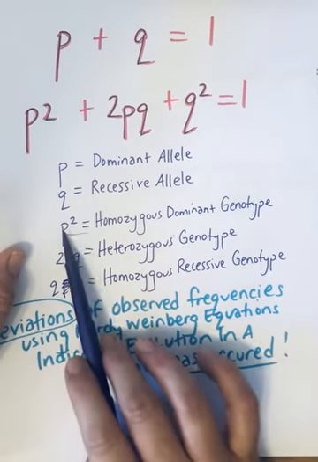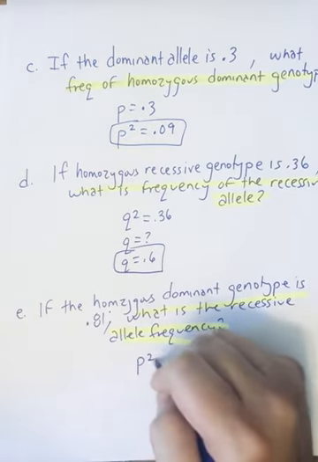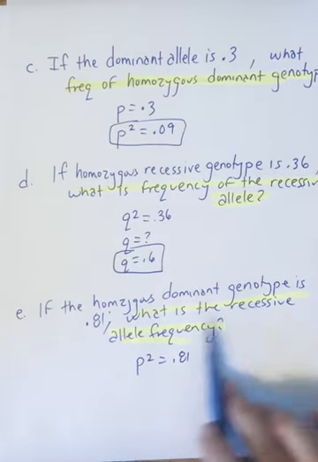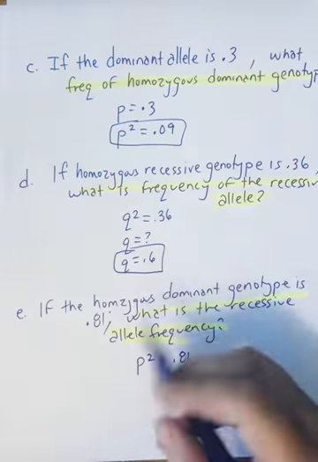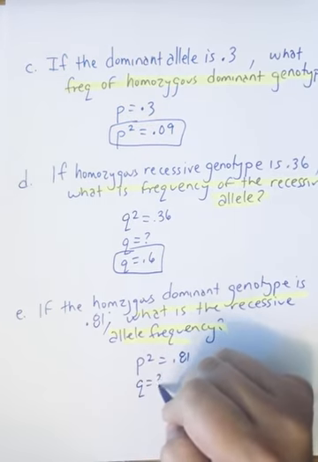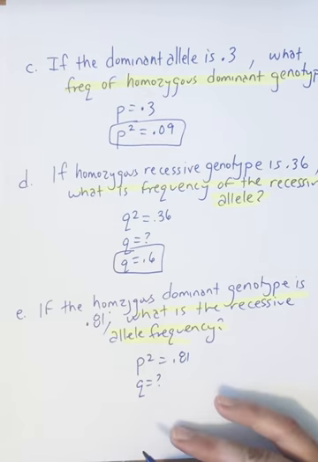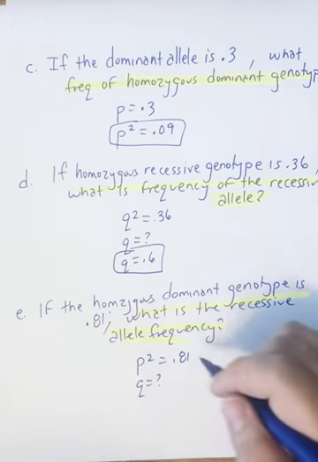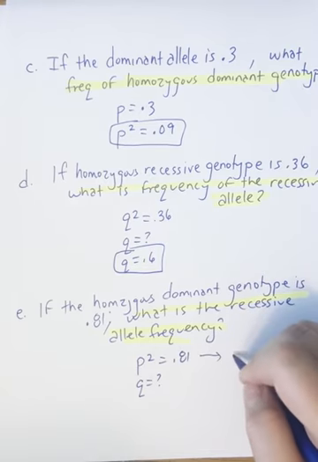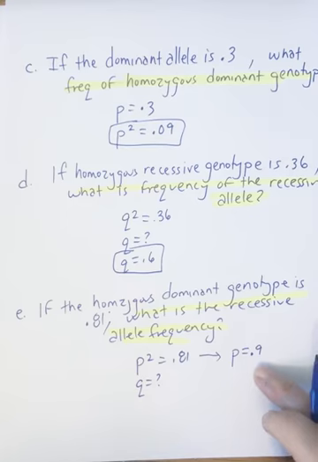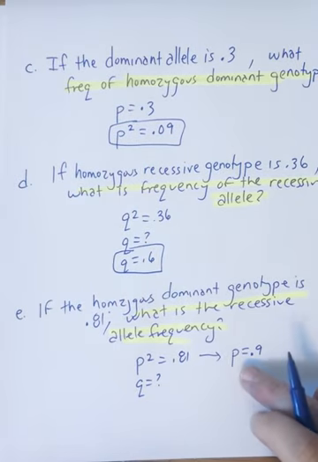Homozygous dominant genotype is P squared. So P squared is equal to 0.81. What am I asking for? The recessive allele frequency. So recessive allele is Q. This is what I want. So this is another equation where you figure out your P's and Q's. So what I would do is take this one and figure out your P. So P is equal to 0.9, because 9 times 9 is 81.